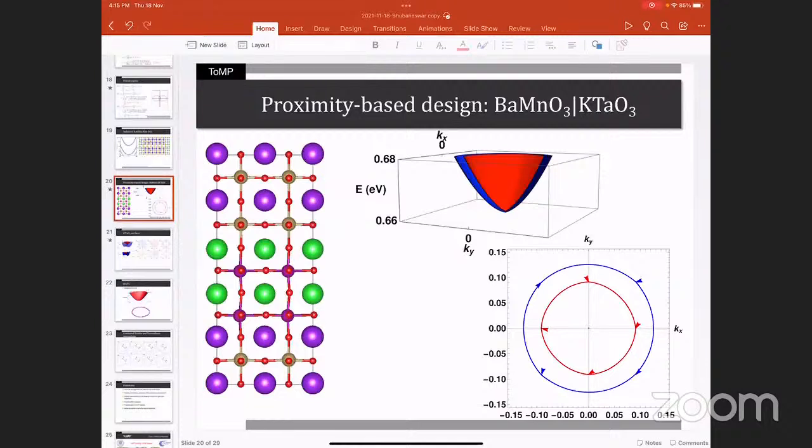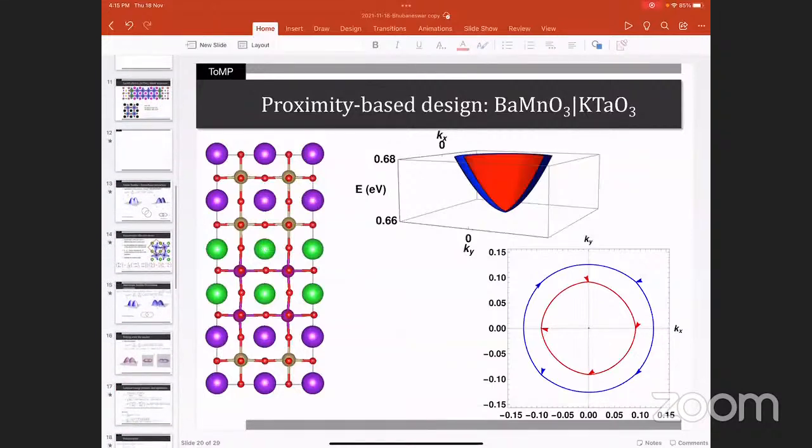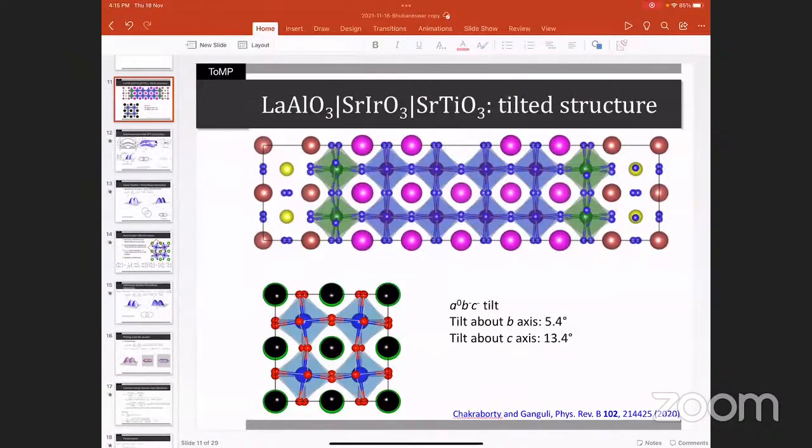Here the substrate is potassium tantalate, and here the substrate is strontium titanate. So after freezing the in-plane lattice constants A and B to the substrate, we have allowed relaxation of every atom and the lattice constant along the C direction.